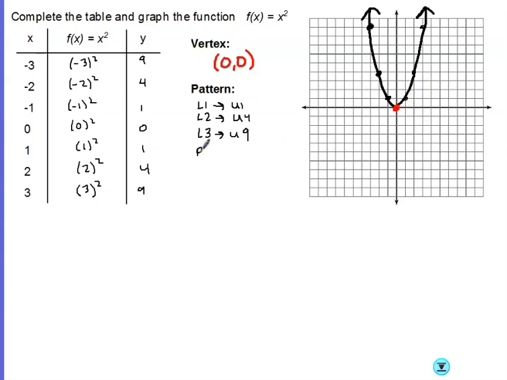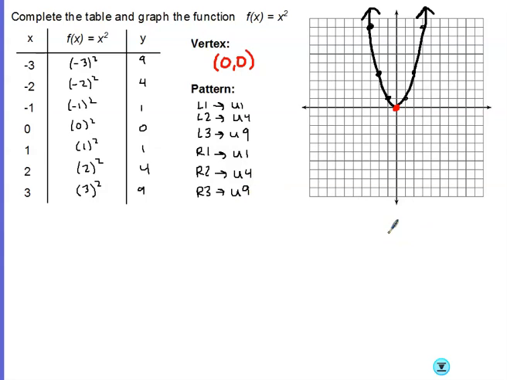Right 1, I go up 1. So if I square 1, I get a positive 1. Right 2, I would go up 4. If we think about squaring the 2, that's where our 4 comes from. Back to the vertex, I go right 3 and up 9, because squaring the 3 gives the 9.